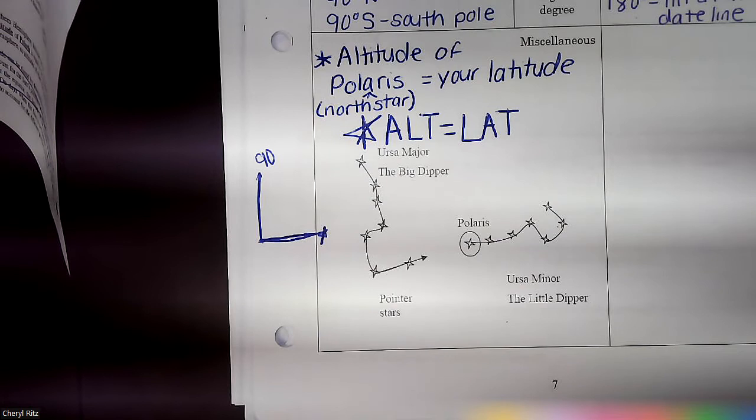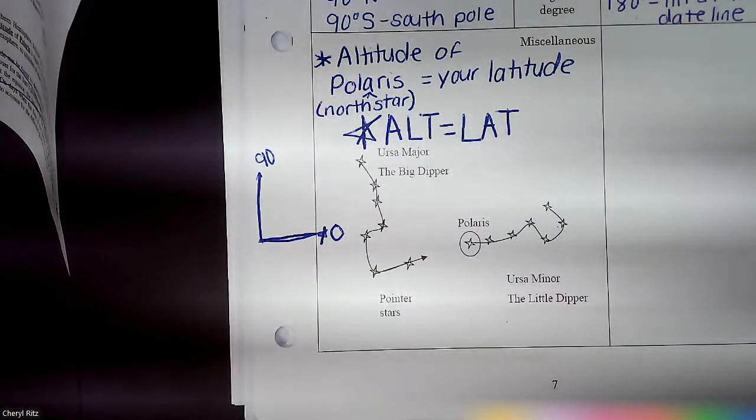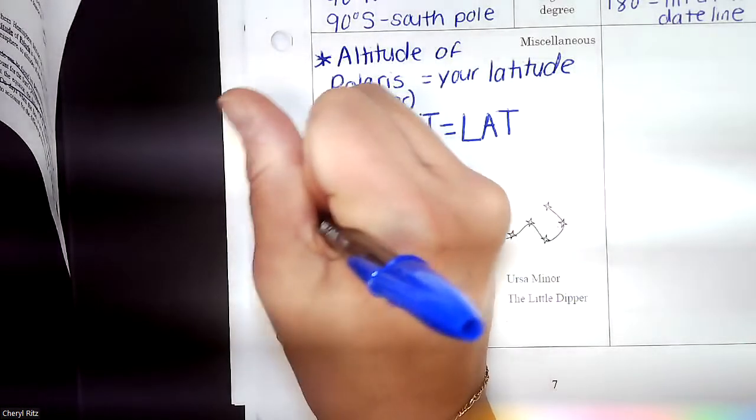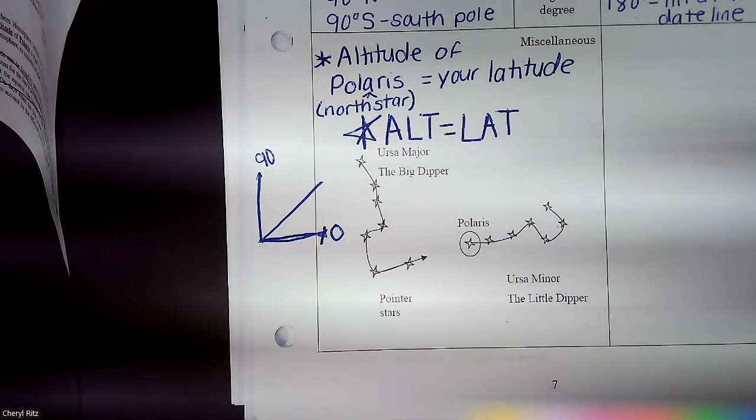So if I'm standing here and I look and Polaris is right there, that's a 0-degree angle. You need to know that. And then the other thing that you should be able to do with this angle stuff is, what's about halfway between 0 and 90? 45.